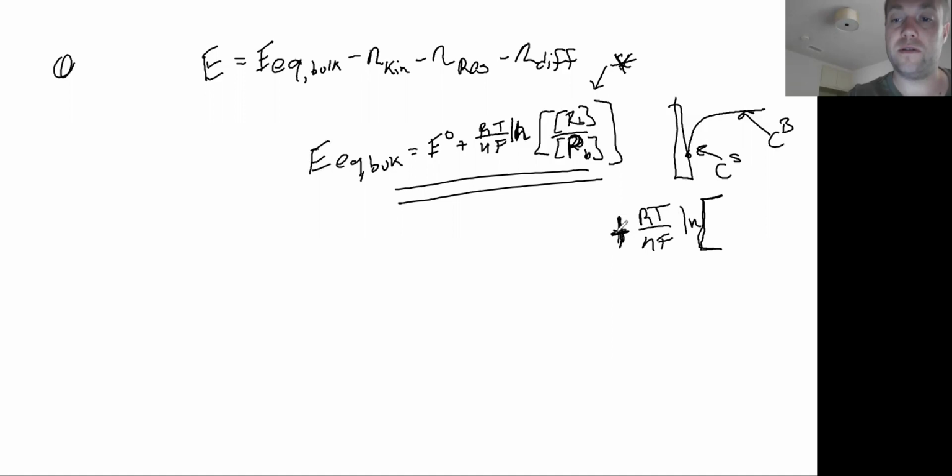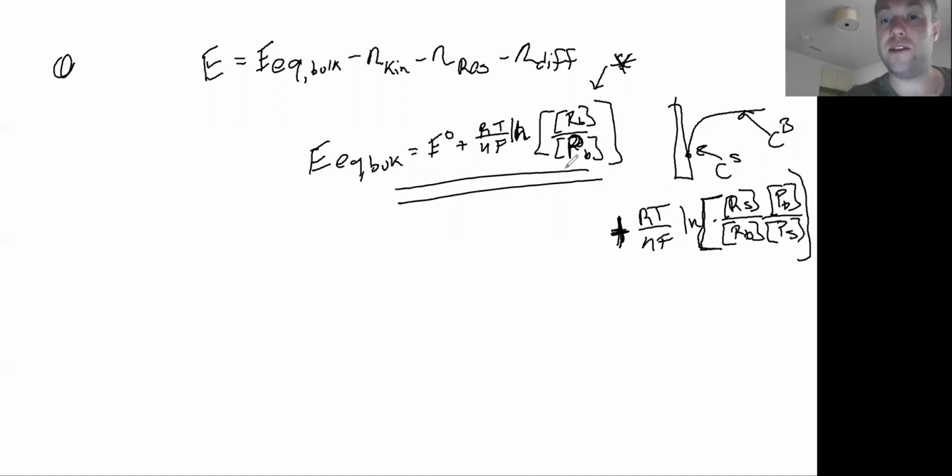And you'll have your concentration of reactants at the surface over the concentration of reactants in the bulk, times the concentration of products in the bulk over the concentration of products at the surface.